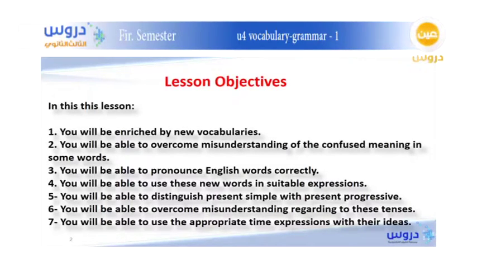Number 4, you will be able to use the new words in suitable expressions. 5, you will be able to distinguish present simple from present progressive. 6, you will be able to overcome misunderstanding regarding these tenses. The last objective, you will be able to use the appropriate time expressions with their ideas.